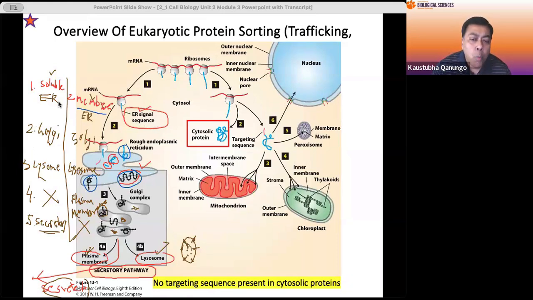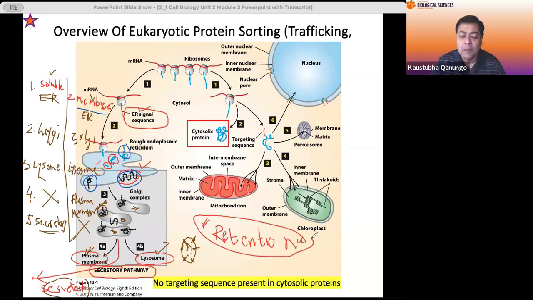But what takes it to these different places? That is not an ER signal sequence. That is called a retention signal, which is somewhere else in the protein other than the signal sequence. Very important. So the ER signal sequence is where it is going to go to the secretory pathway.